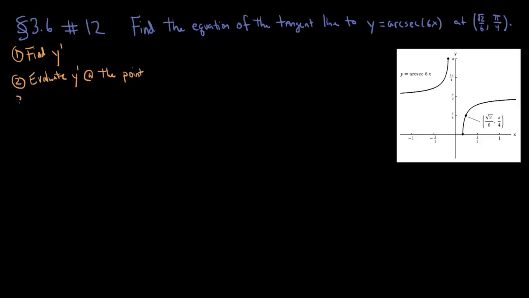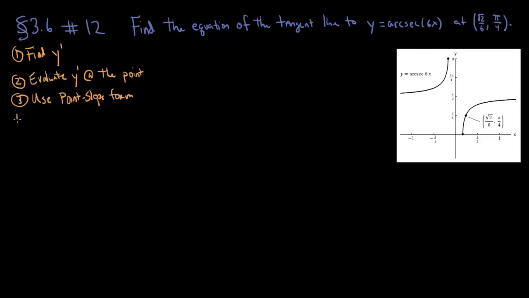Step 3 is to write the equation, use point slope form to write the equation of the line. Okay, so of course now we have a new derivative we're working with, but we're going to follow that same 3-step process.